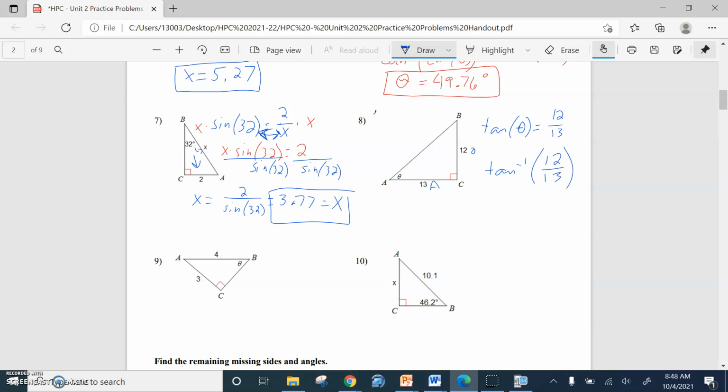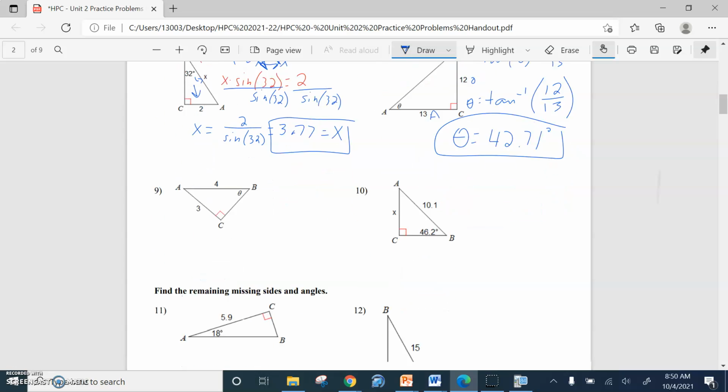Because we did that to the left side, we would get theta by itself. And then you find the approximation. Let's see, theta becomes about 42.71 degrees.